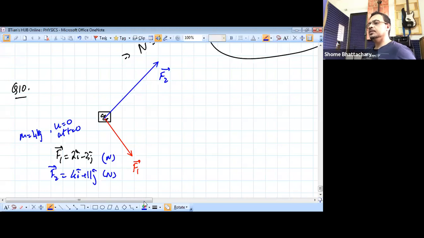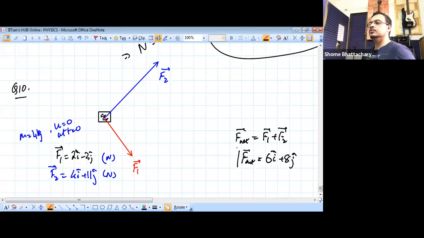So what will happen here is that the net force acting on the body will be the vector sum of these two. So just calculate the vector sum now. They are given in component form, so just calculate. So it is 6 i cap plus how much? 11 minus 3, so that is 8 j cap.